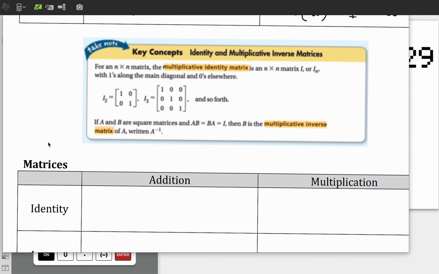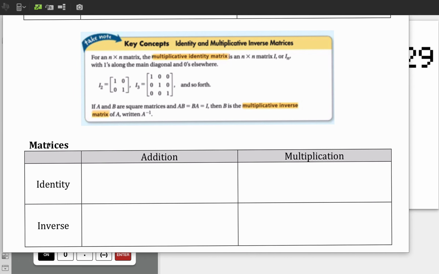Matrices have the same rules. For any square matrix, n by n, the multiplicative identity matrix, I, or I sub n, is 1s all along the diagonal. If it's a 2 by 2, the main diagonal has to all be 1s.